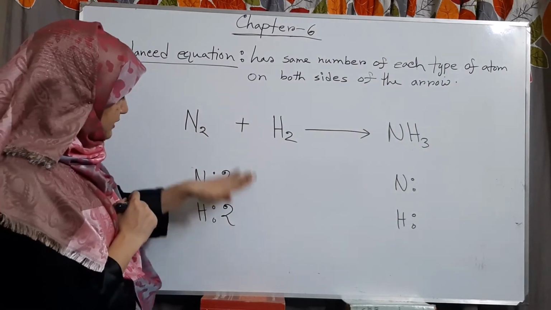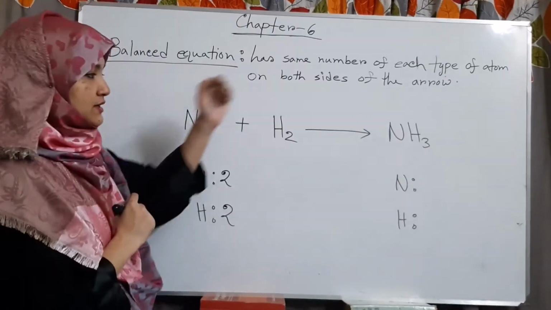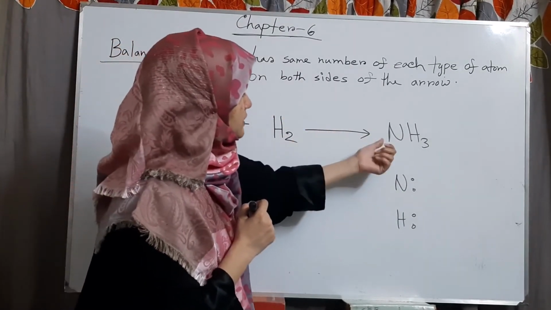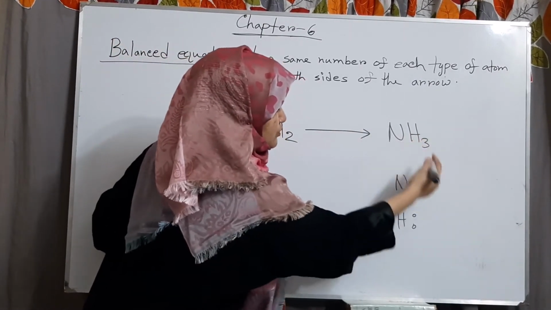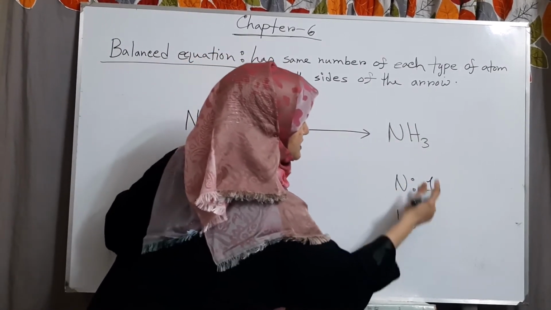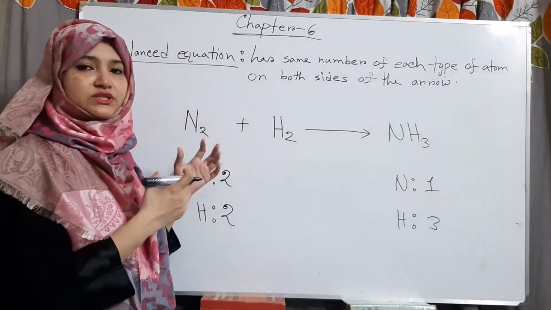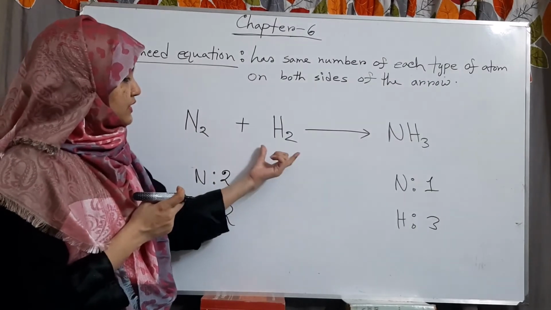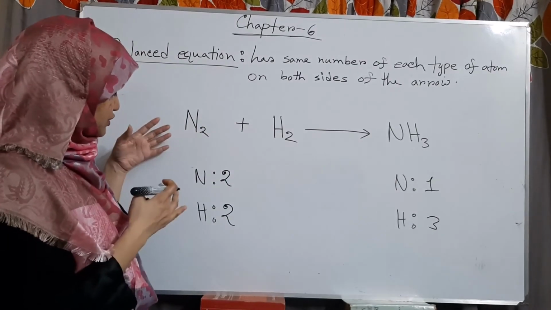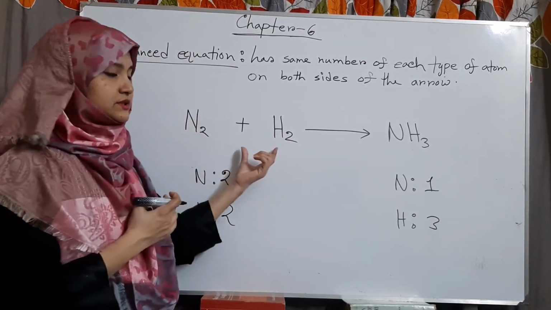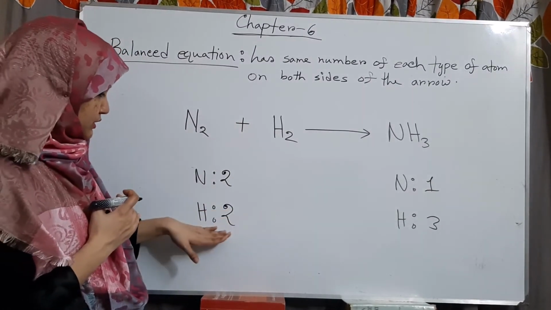Here the number of nitrogen atoms is 2 and the number of hydrogen atoms is 2. For the product, after the arrow, 1 ammonia molecule is present, that means 1 nitrogen atom and 3 hydrogen atoms. Now for balancing the equation we have to look at where we have the imbalances, that means where we don't have the same number of atoms.